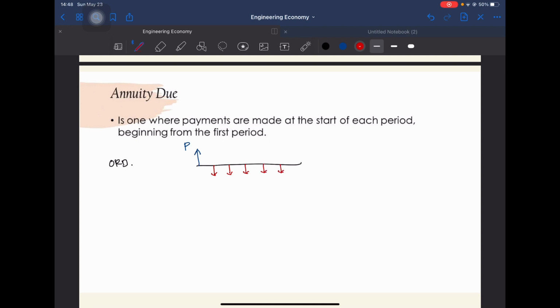So, 0, ibig sabihin, that's the current time. That is the beginning of the first year. 1 is the end of the first year, 2 for the end of the second year, 3, 4, and 5 ay yung mga susunod na years. Binayaran mo yung utang mo for 5 years, 5 payments.